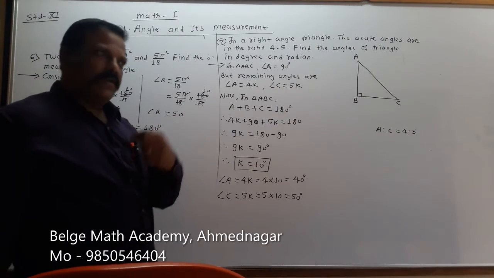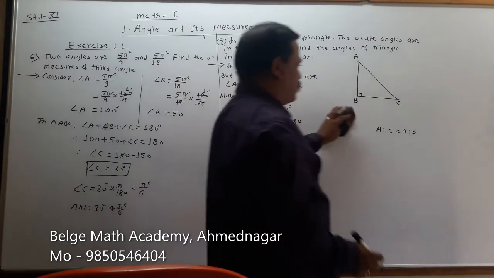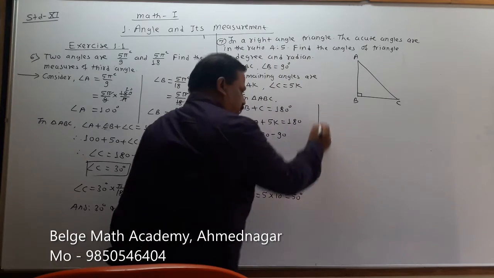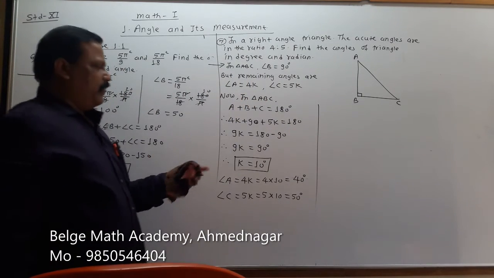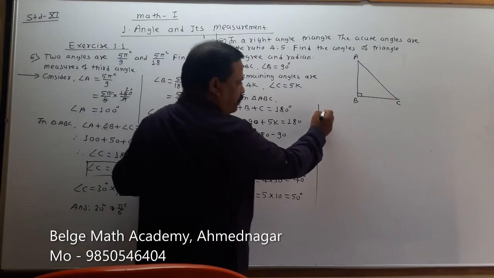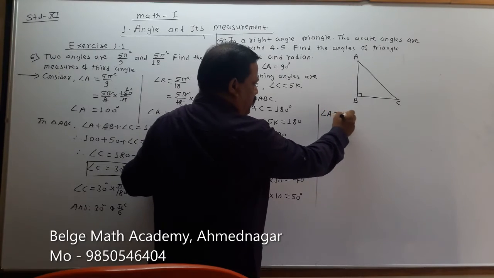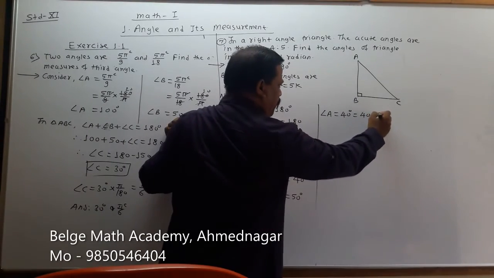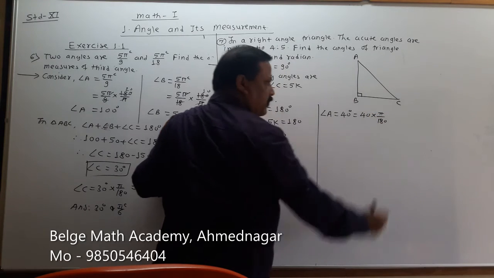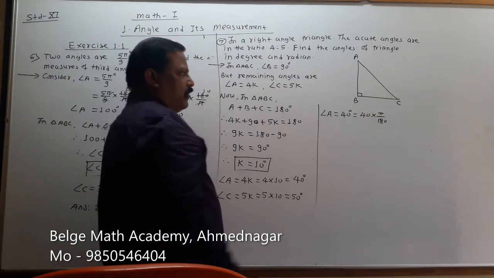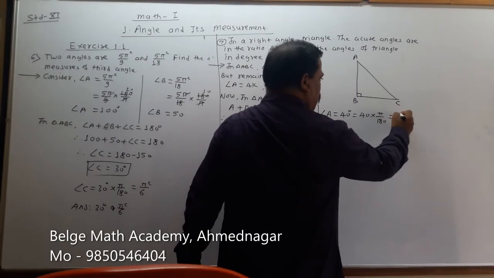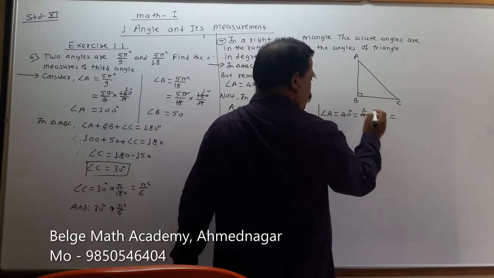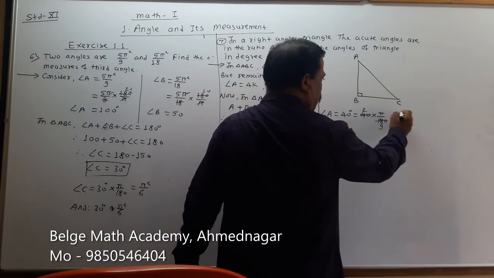Those measurements are converted into radians. So angle A is 40 degrees, and 40 multiplied by pi upon 180. 0 and 0 cancel, so 2 to 9.